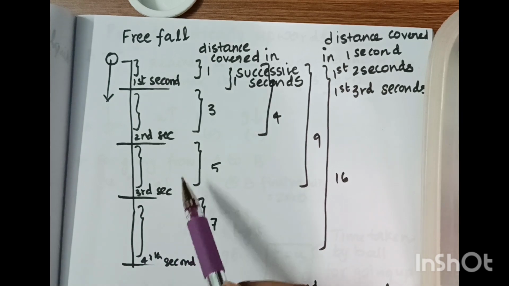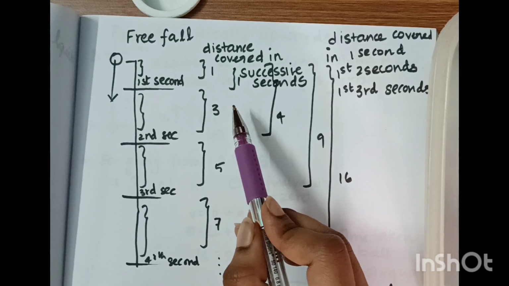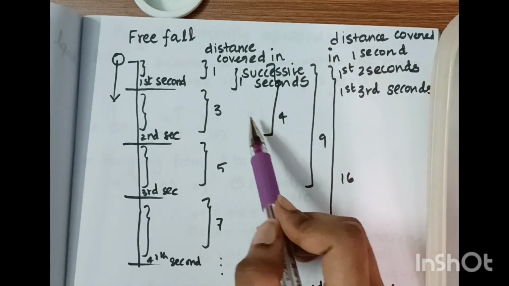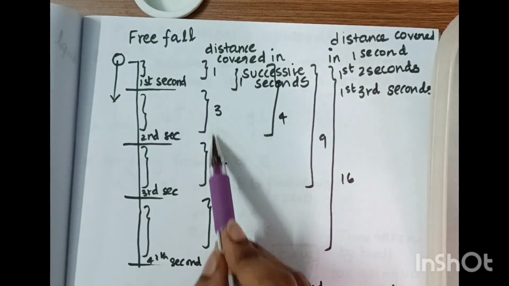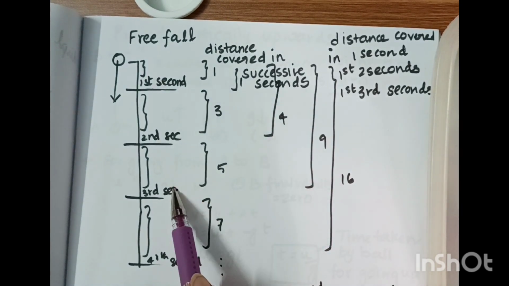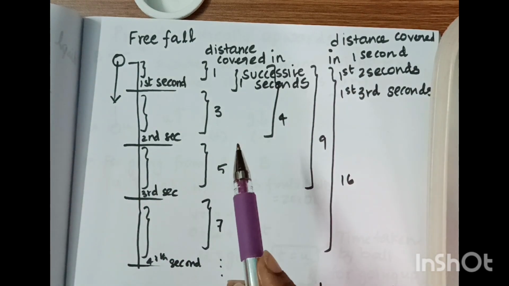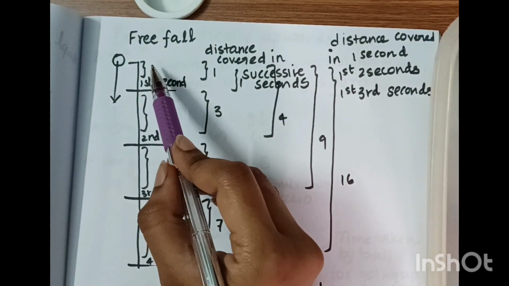Or we can say in 1 second it is covering this much distance, in 2 seconds this much distance, in 3 seconds this much, and in 4 seconds this much distance. So we have to consider the difference here.